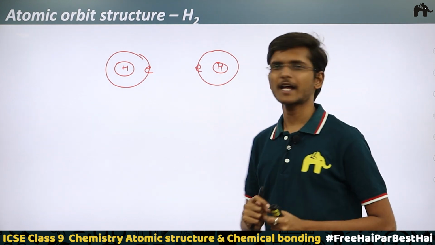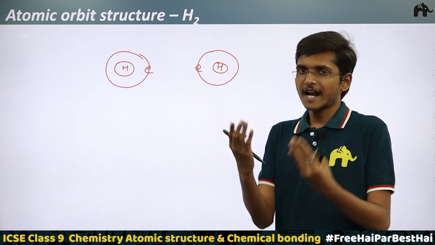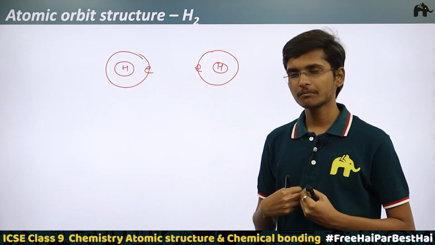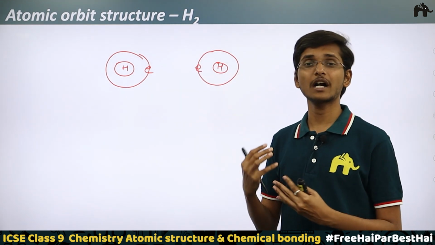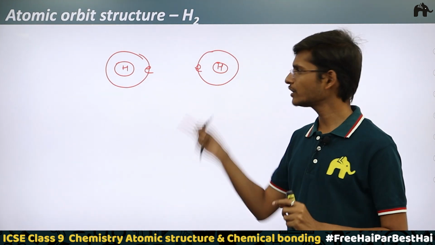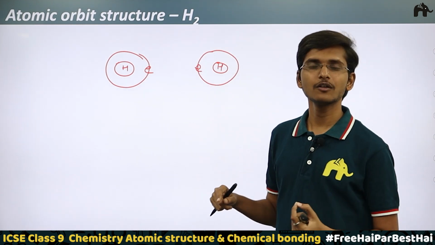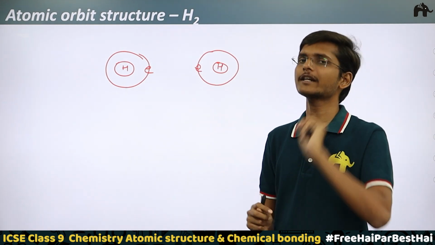Now both hydrogen atoms, just like the atoms of other elements, also want to become stable. For becoming stable, other elements' atoms try to attain an octet in their outermost shell. But hydrogen has only one shell, and the first shell can accommodate a maximum of only 2 electrons.